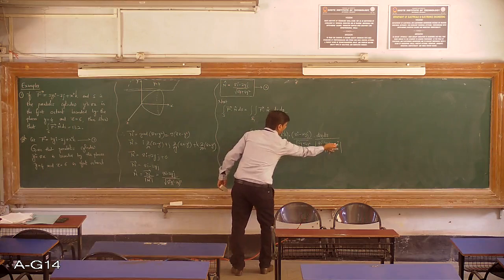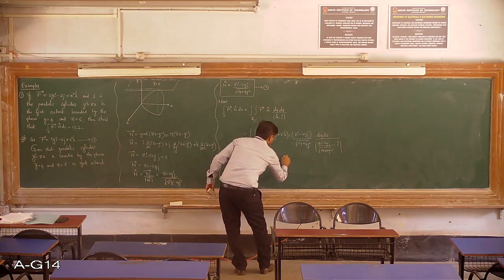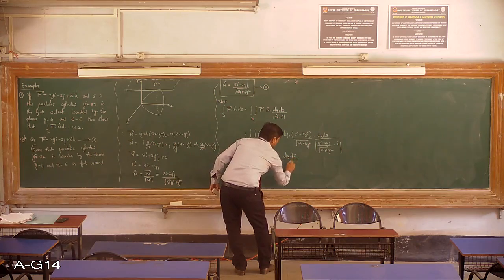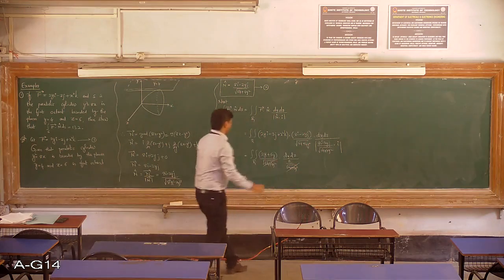So 64 will come this side, so what you will get here is dy dz divided by 8 divided by square root of 64 plus 4y square. These two now get cancelled.